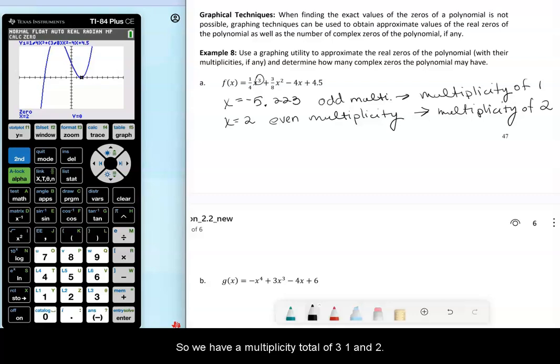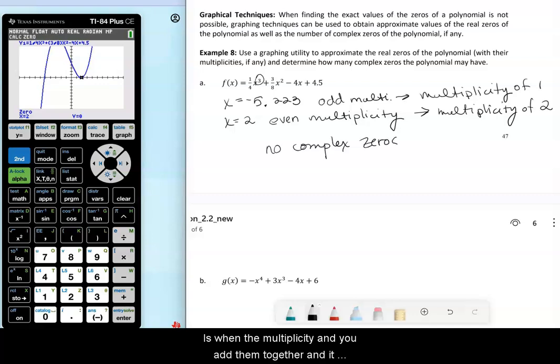So we have a multiplicity total of 3, 1 and 2, and that matches our degree, so there are no complex zeros. It's when you add the multiplicities together, and it ends up being less than the degree of the polynomial, that you start suspecting there are complex zeros occurring.